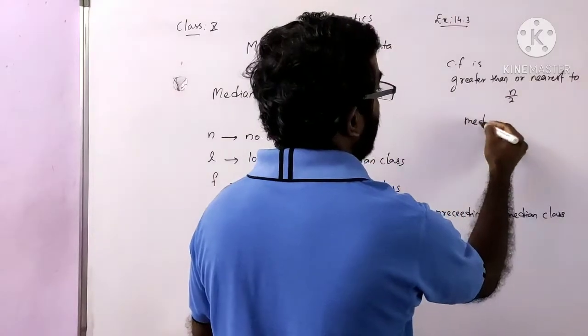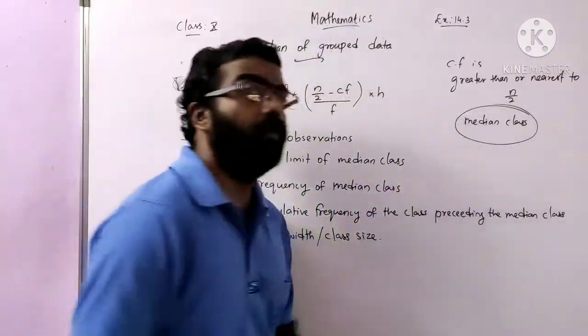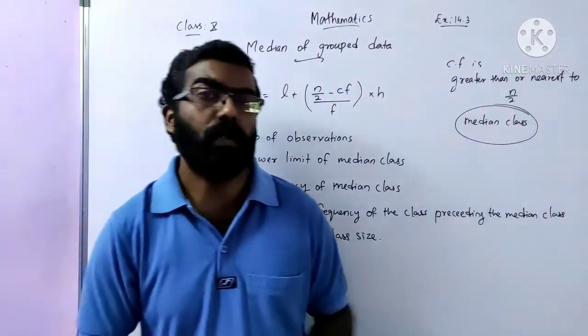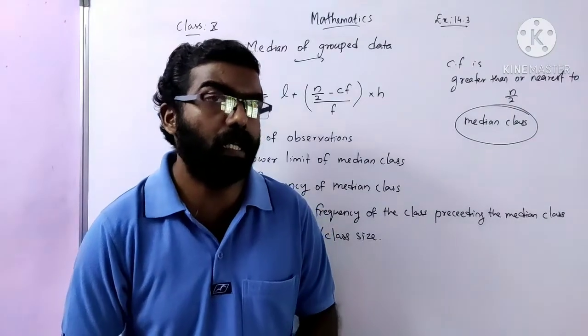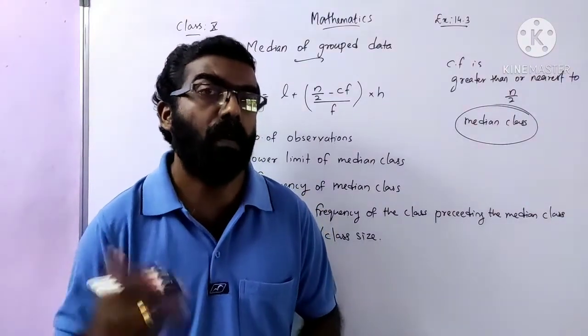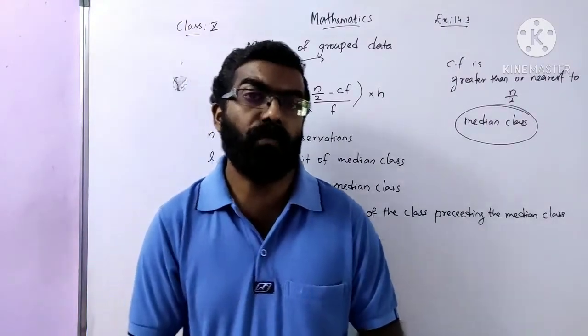That particular class is called a median class. I repeat, we have to locate a class whose cumulative frequency is greater than or nearest to n by 2, where n is the number of observations.